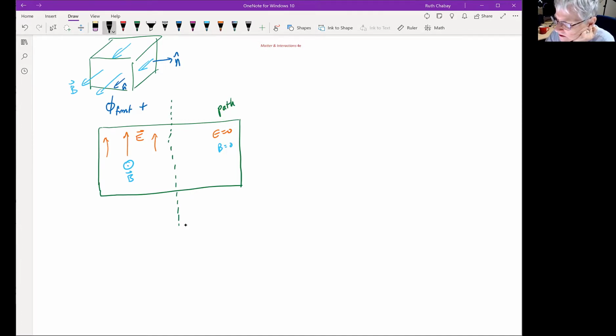We're going to call the height H. We can call the width W. So we've got it partly in this region where the fields are non-zero and partly not.